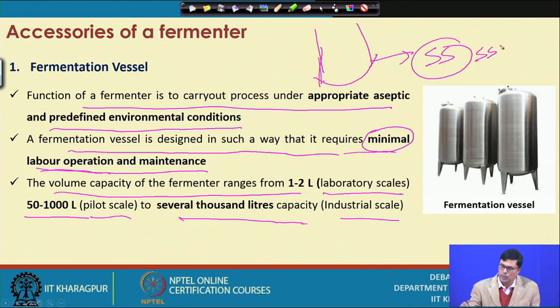One is SS314, one is SS317, one is SS316. Depending on your requirement, in the fermentation industry we usually go for SS316.